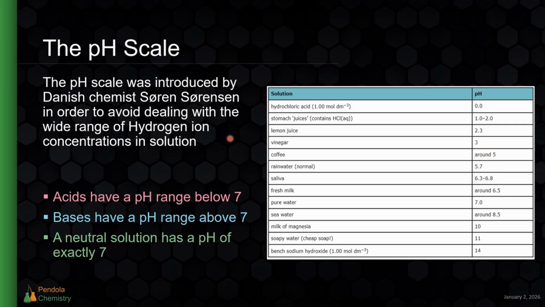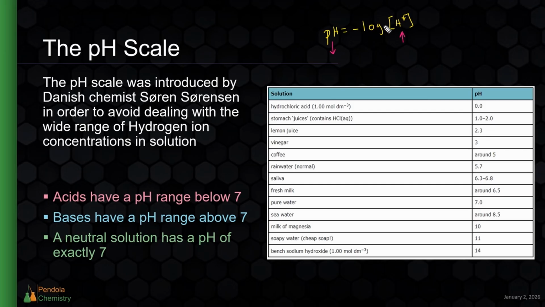We already saw this in earlier chapters, but the pH scale is based on pH, which is equal to the negative log of the hydrogen ion concentration of a solution. Meaning that the higher the concentration of hydrogen ions, the lower the pH, because it's a negative log. That's why acids have a pH below 7, because acids have a high hydrogen ion concentration.